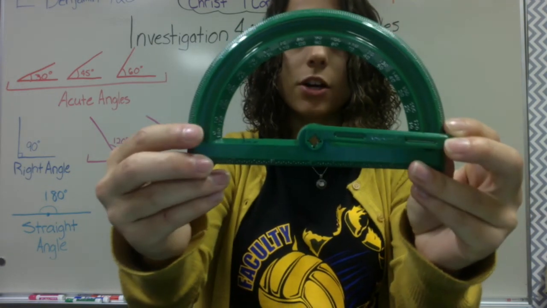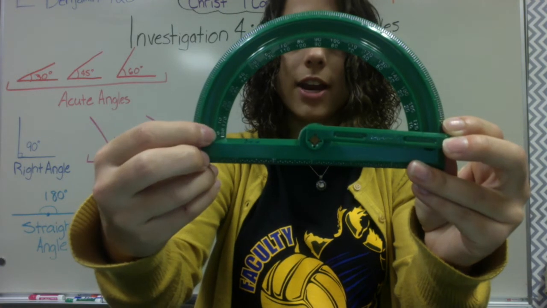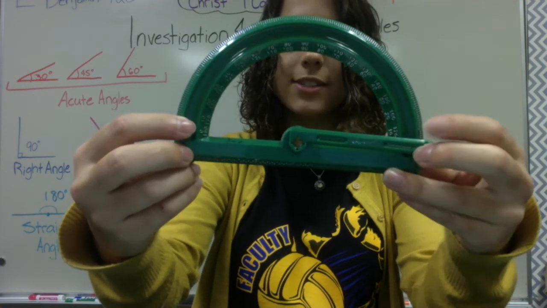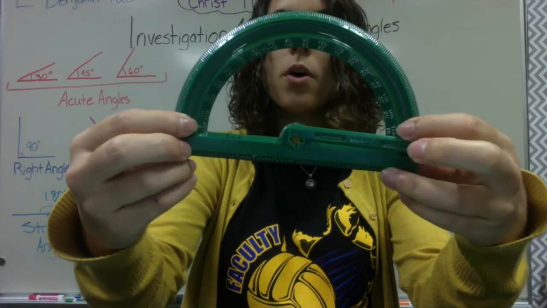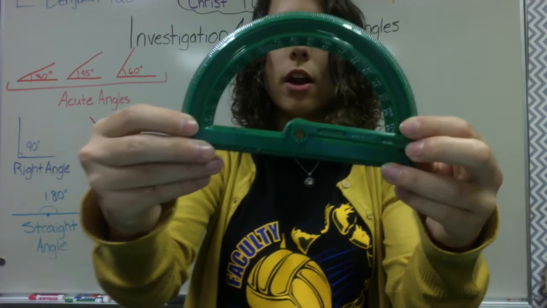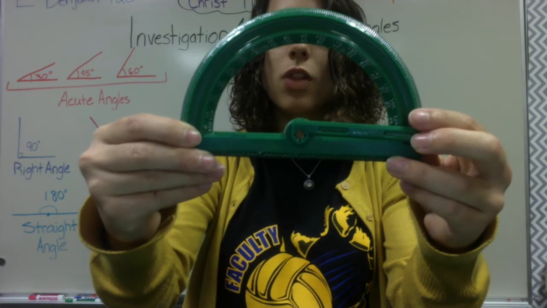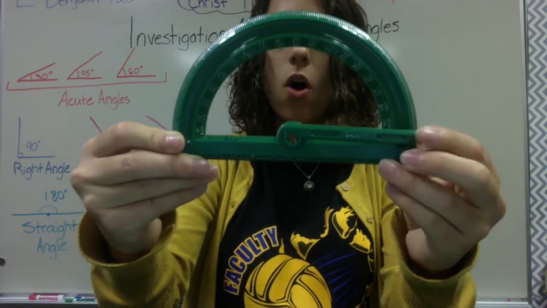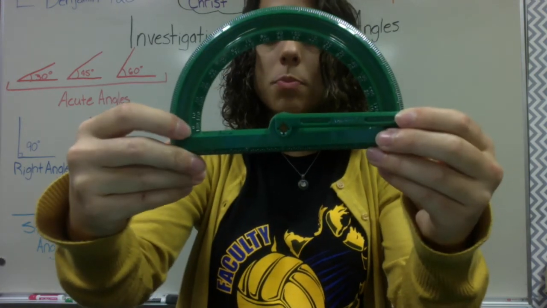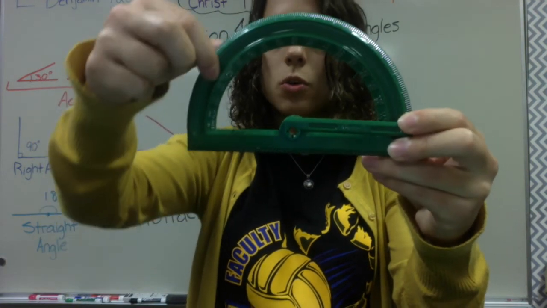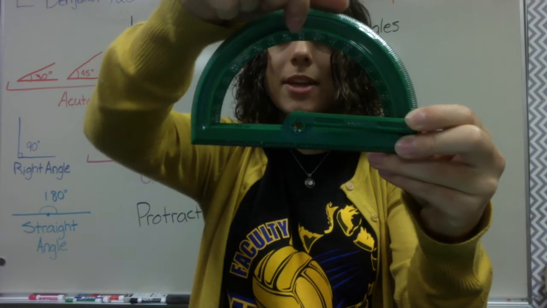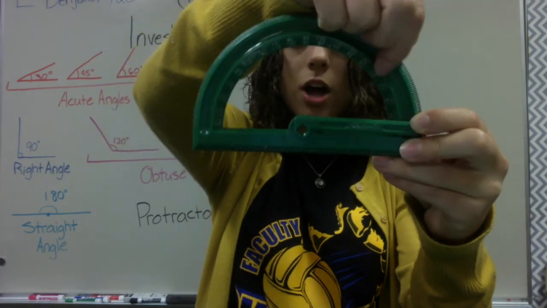I have 0 degrees on this side at the top row, and I have 0 degrees on this side on the bottom row. So depending on where you start and where you measure your horizontal line from, if I'm going to have it match up with my 0 degrees on this side, then I'm going to read the top row to where my next segment meets. I'll read my top row.